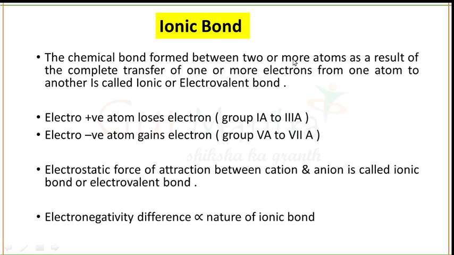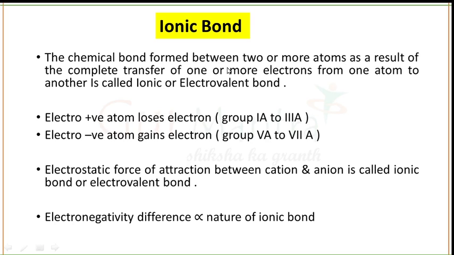And in this particular lecture, we are going to talk about the next strongest bond, ionic bond. The chemical bond formed between two or more atoms as a result of complete transfer of one or more electrons from one atom to another is called ionic bond.